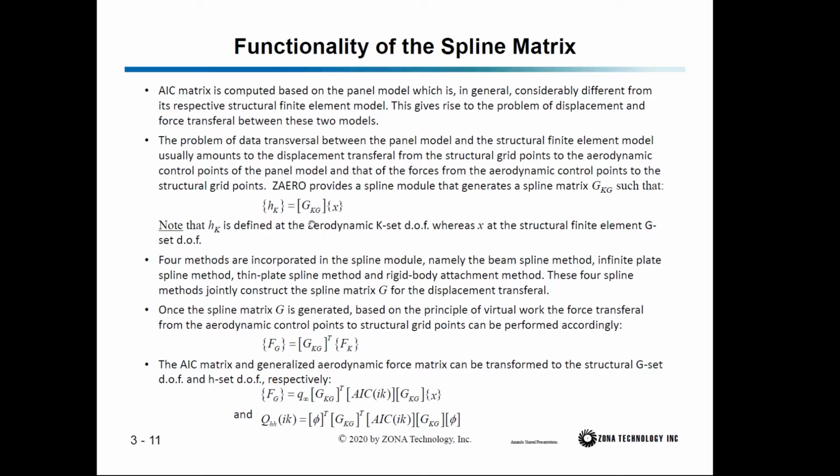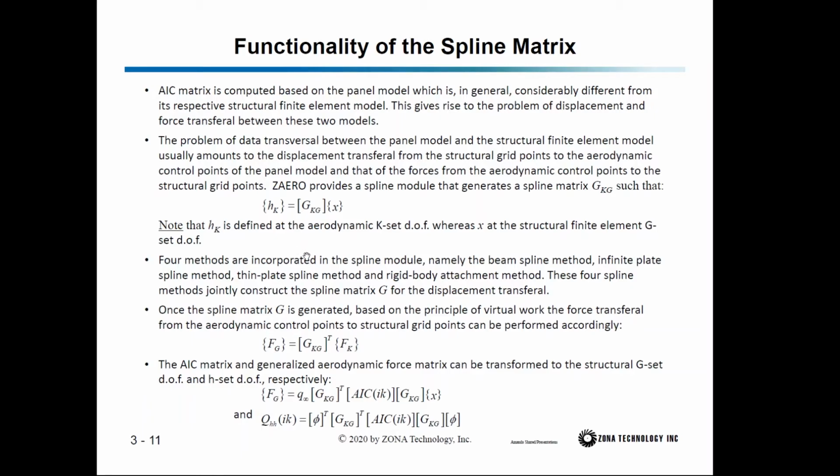Once you have G sub kg, you have a structural deformation in the G set, and multiplied by the spline matrix, that will give us the structural deformation in the K set. K set is 6 times the number of aerodynamic panels, because each panel has 6 degrees of freedom.